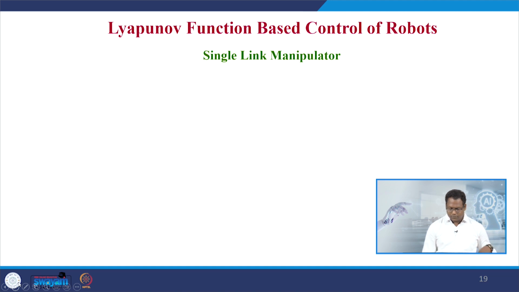Let us have the example of a single link manipulator, which is a problem of trajectory tracking.